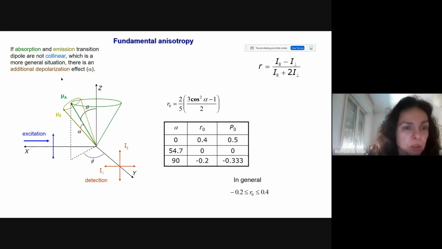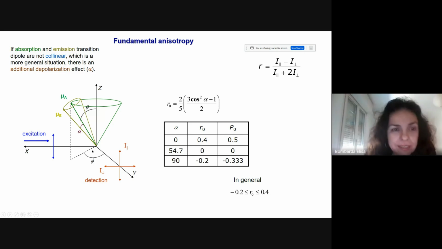If absorption and emission, and I try to respect the color code, are not collinear, which is a more general situation, there is an angle alpha between the absorption dipole and the emission dipole.